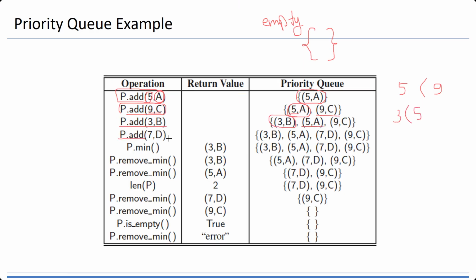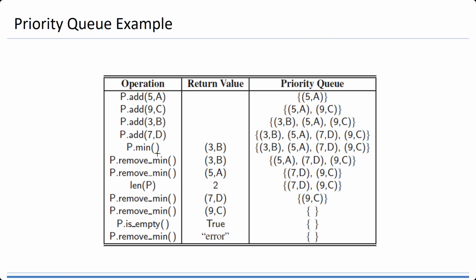I want to add 7 comma D. So I need to check: is 7 less than 3? No. Is 7 less than 5? No. Is 7 less than 9? Yes. Then I put 7 before 9 and after 5.